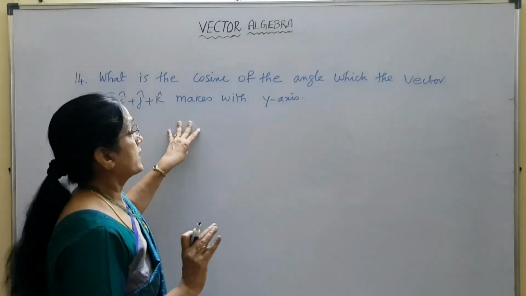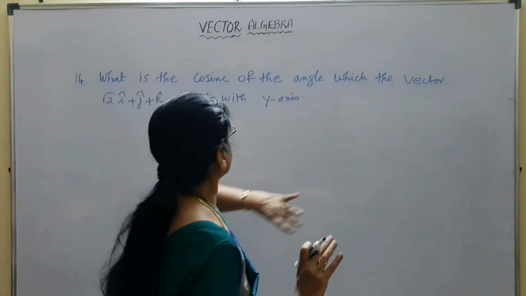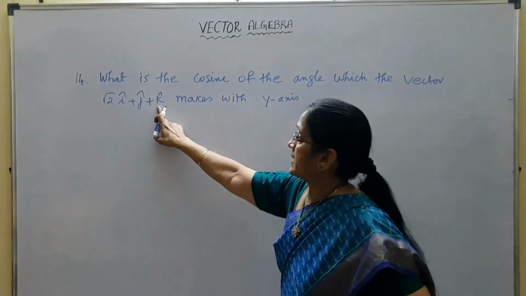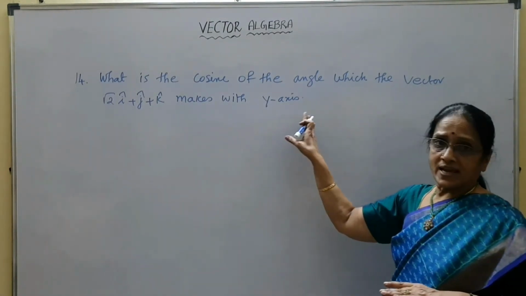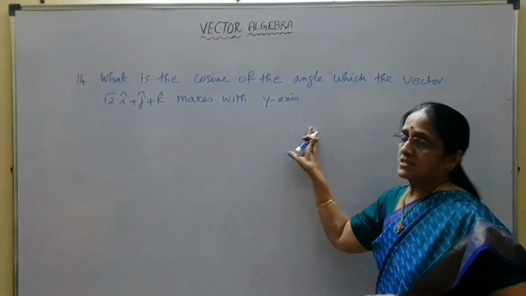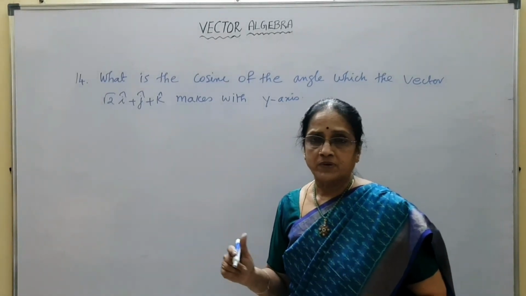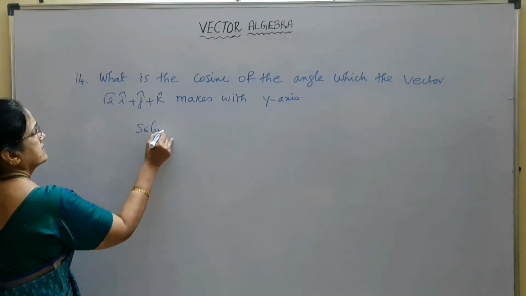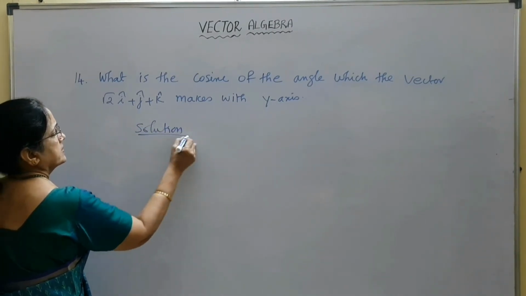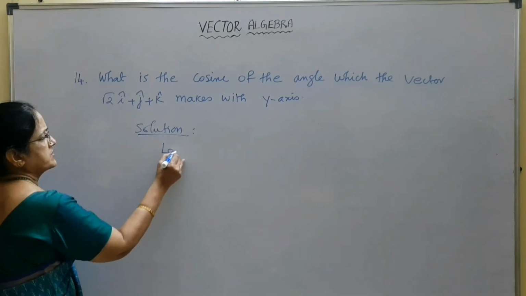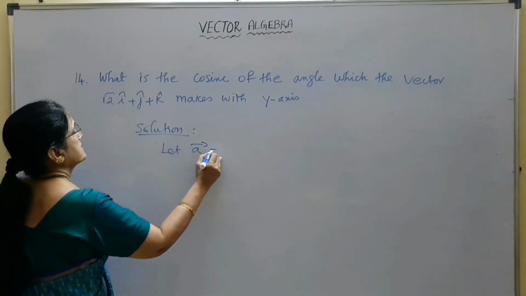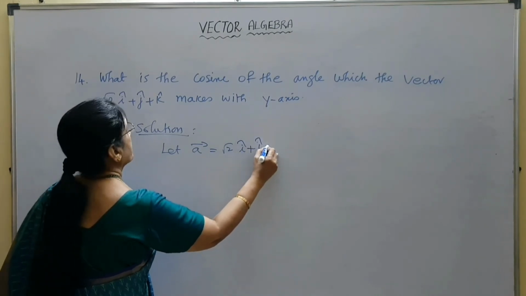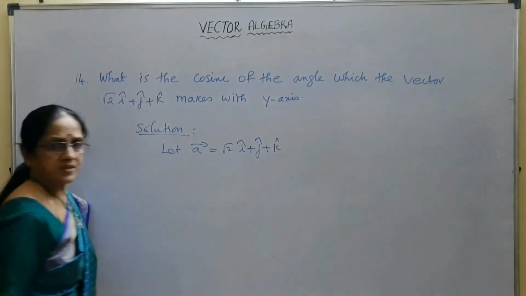Here you need to find out the cosine of the angle which the vector root 2 i cap plus j cap plus k cap makes with y-axis. This question was asked in 2010 Delhi paper. Let's do it now. Solution. First let us make the assumption, let vector a is equal to root 2 i cap plus j cap plus k cap.